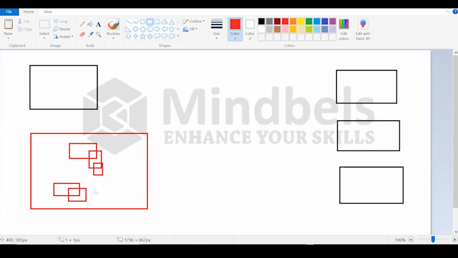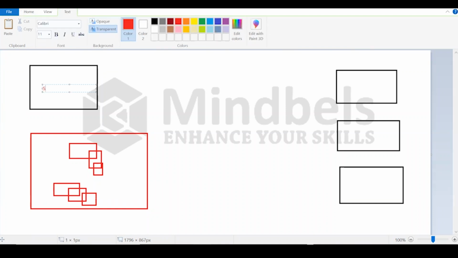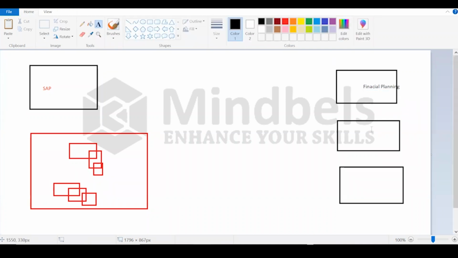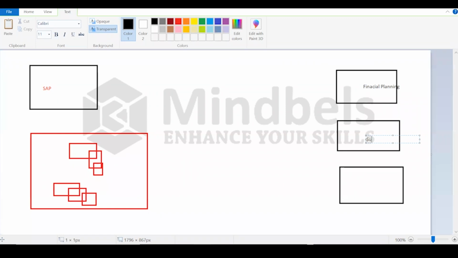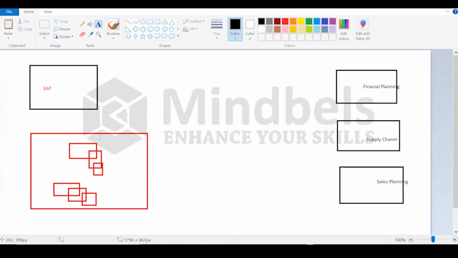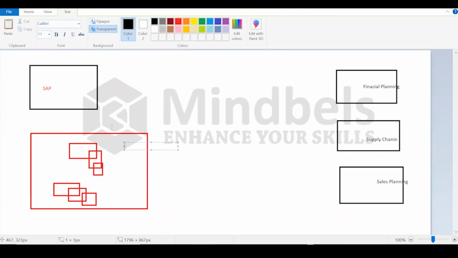This is my SAP system, this is my financial planning analysis model, this is my supply chain model, and this is my sales plan.